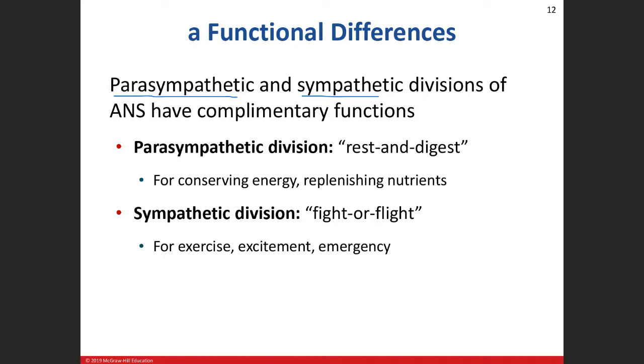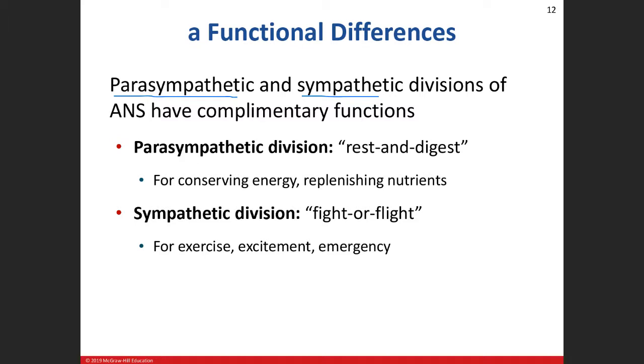Its job is to replenish any depleted fuel sources. If you've just eaten, we need to restore glycogen levels, and then we need to conserve energy for that period of time when we need to expend that energy, and then that brings into play the sympathetic division.